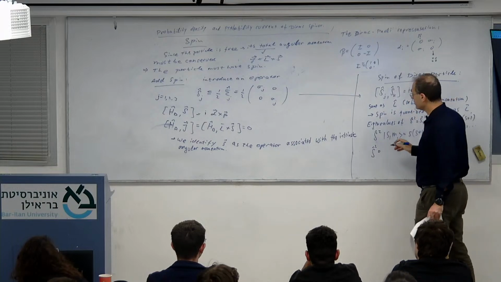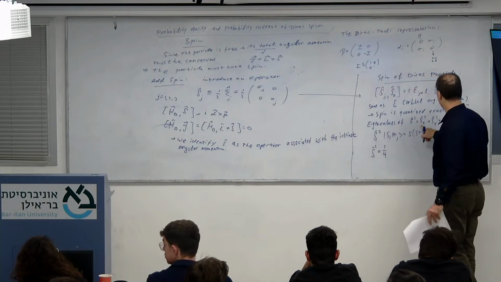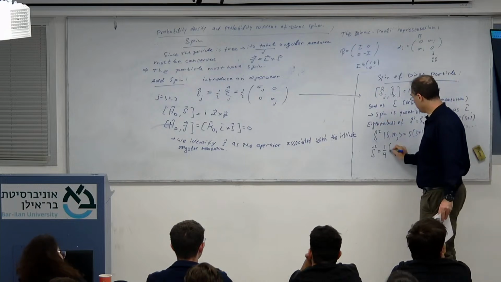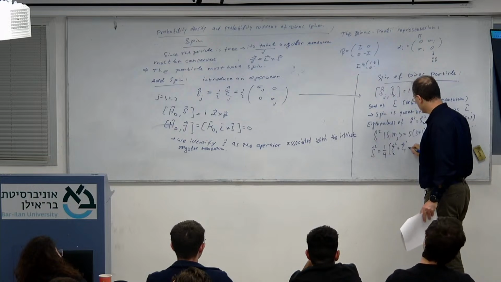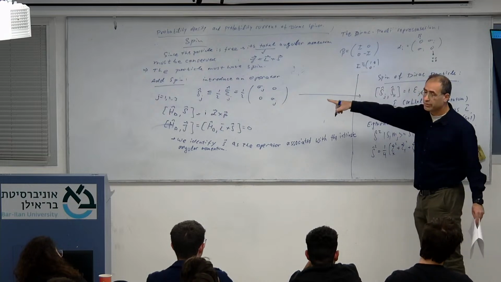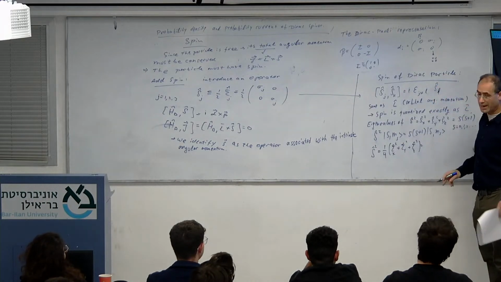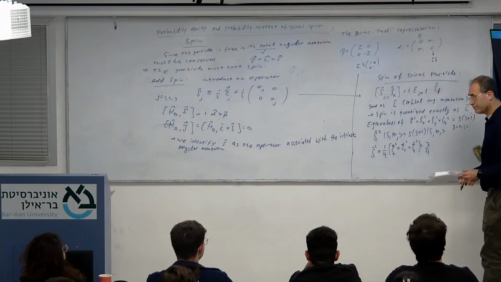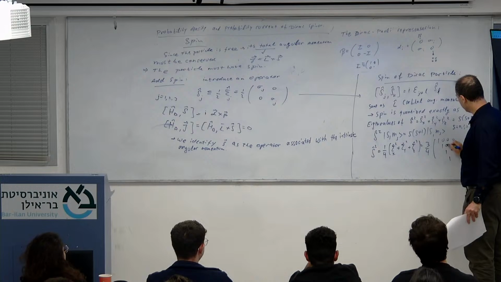So it's squared, so we get a 1/4 of sigma x squared plus sigma y squared plus sigma z squared. But what is the square of the Pauli spin matrices? Again, the identity, and we have 3 here, so we get 3/4 of the identity.